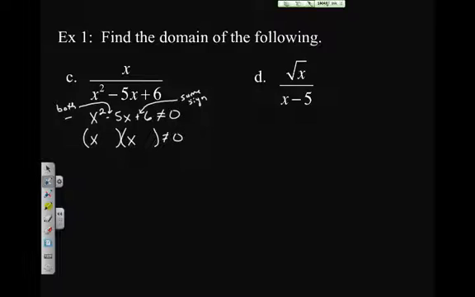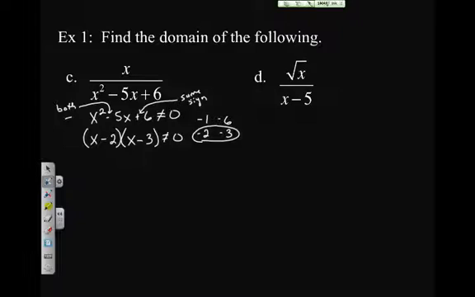So we put in the negative and the negative. Then we want to find factors of 6, both negative: negative 1, negative 6, negative 2, and negative 3. We want to choose the pair that will add up to negative 5, and in this case, that's negative 2 and negative 3.